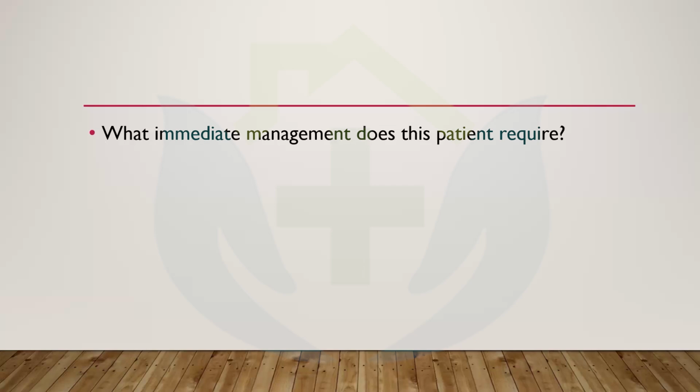What immediate management does this patient require? This patient, first of all, I have to maintain his ABCD. I will see the airway, the priority for airway, if he needs intubation or not, especially if he has variceal bleed, esophageal varices. Maybe he has hematemesis or something like this.